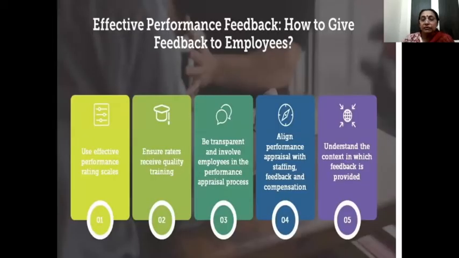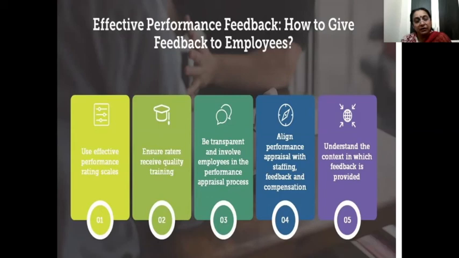Let's again go through the main tips of feedback. The first is that the scales that you're using for evaluation should be very, very effective. The people who are rating the employees should be well trained to do so. They should know really what they're doing. It should be a transparent process. Nobody should feel that there is any room for bias. And the performance appraisal should be aligned with the feedback and compensation, so that the results of this evaluation are clear to everyone.